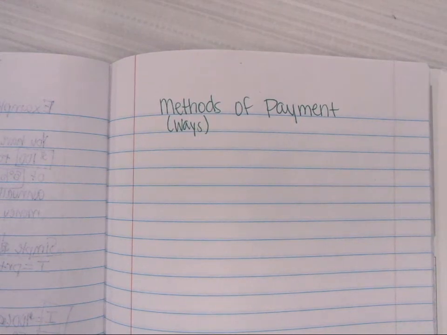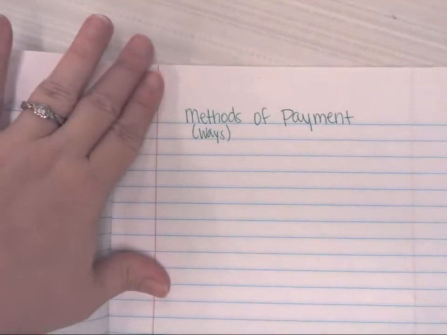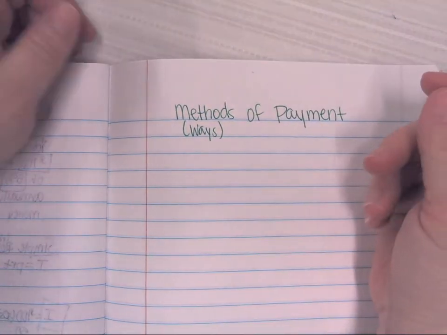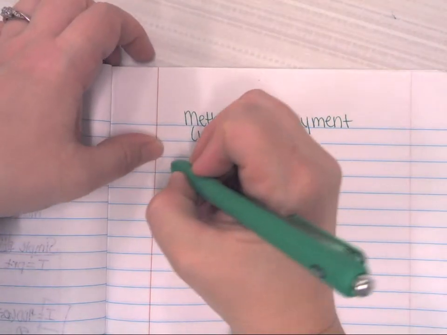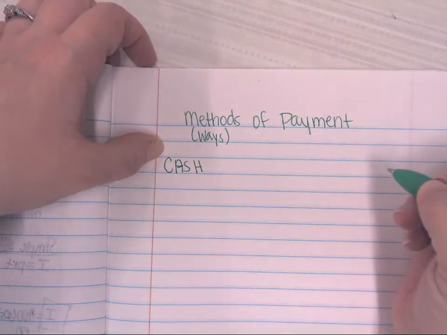All right, let's think about all of the ways that you guys know that we can pay for things, okay? First, the most commonly used thing used to be cash, but that is becoming less frequent.